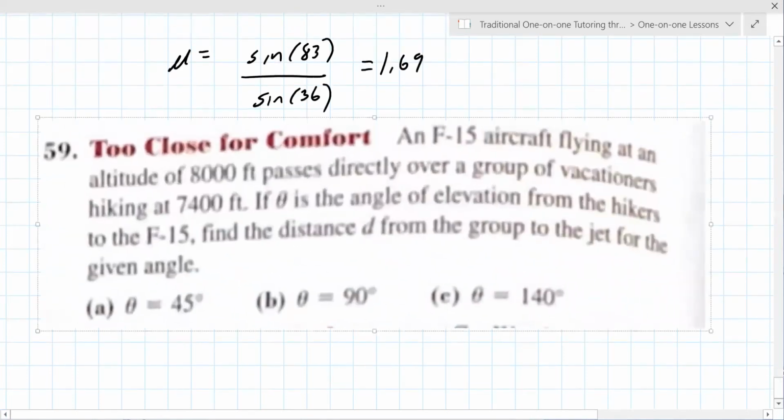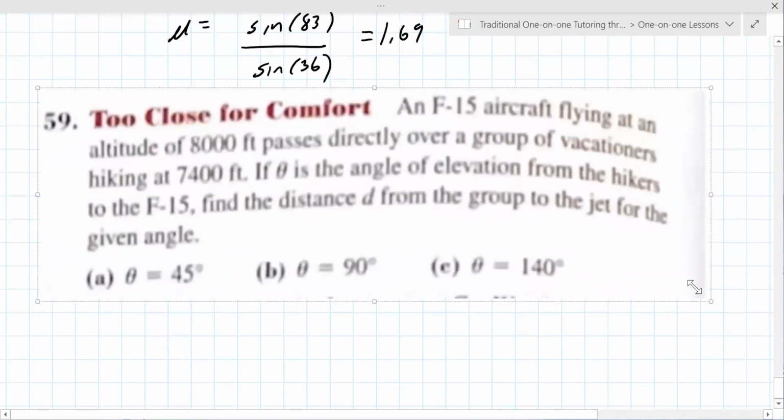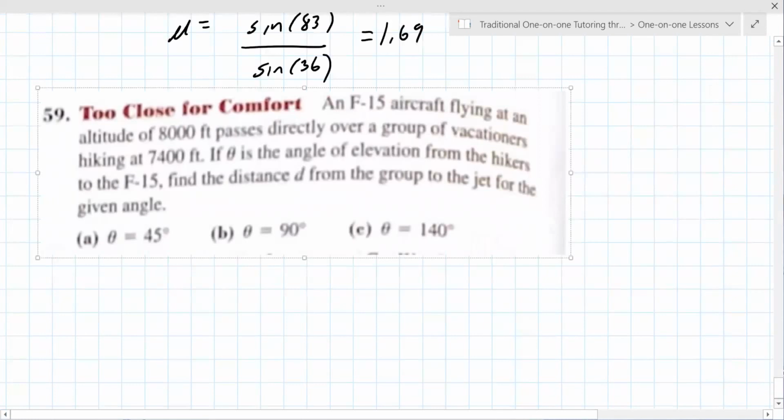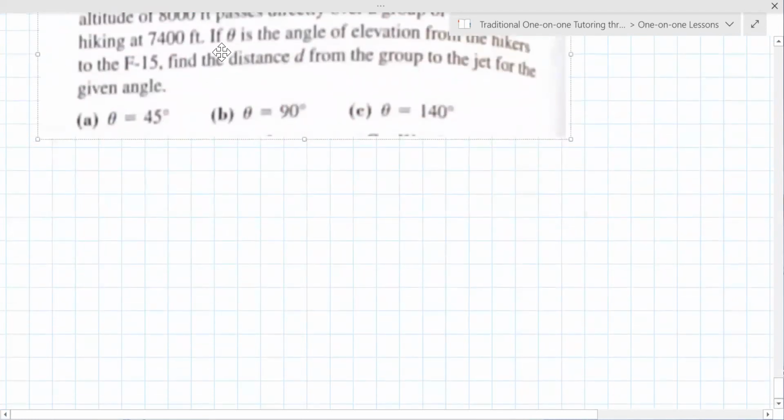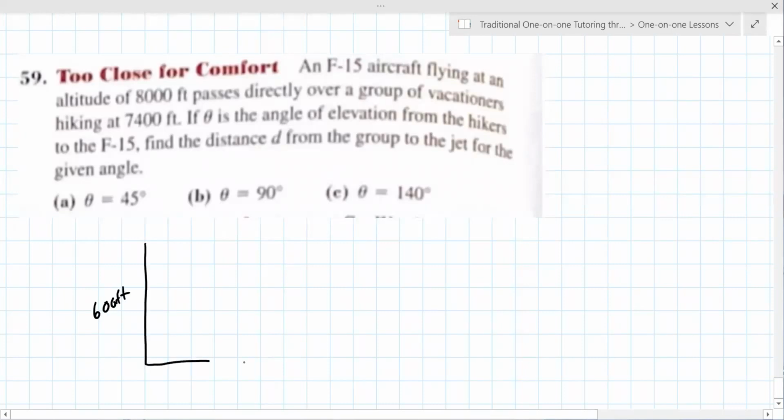Right, so it says here, get a little smaller picture. It says that the airplane is 8,000 feet, but the vacationers are already hiking, so it's only 600 feet above them. All right, and then it says the angle of elevation, which is right here.